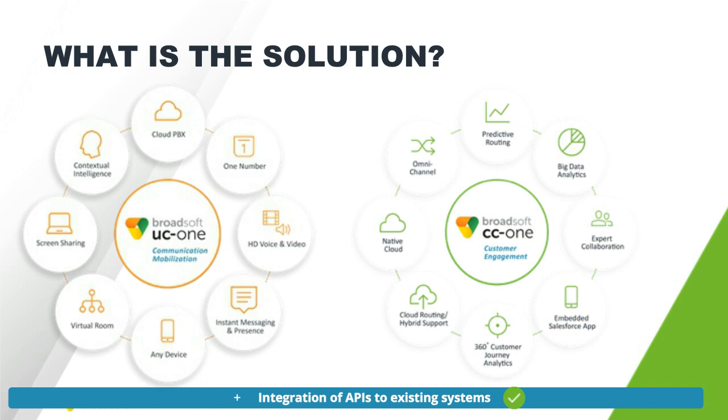From a unified communications perspective, we provide a full suite of hosted PBX that supports single number, IM and presence, HD voice and video, and screen sharing on any device. And through our hub capabilities, we also provide contextual intelligence that really enables end-user productivity, whether it's one-to-one communications or one-to-many communications. This unified communications capability is tightly integrated with our contact center, which provides all the capabilities you need to run a modern omni-channel contact center.